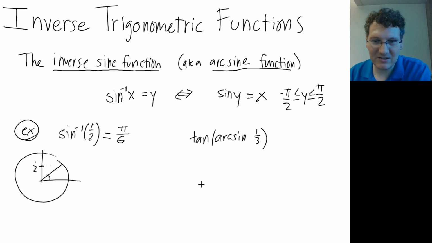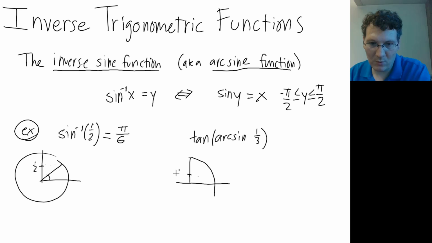Another example, the tangent of the arcsine of 1/3. Nice thing is you don't actually need to know what angle it is, because you can work from the idea of the unit circle. If it's the arcsine of 1/3, you have to think what angle is going to have 1/3 as its height. It doesn't really matter if you know this is 1/3 and that's 1, you can find the length of the other side, because 1 squared equals 1/3 squared plus, we'll call it x squared.